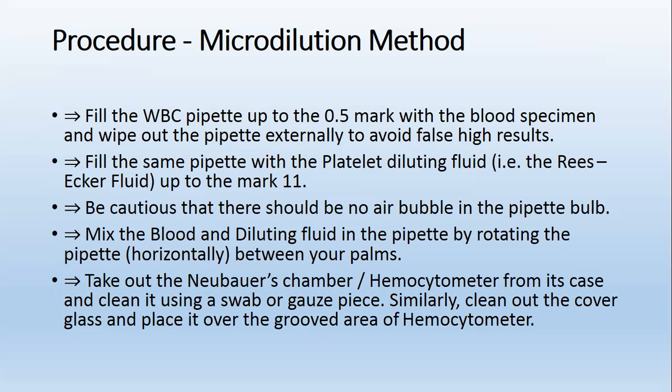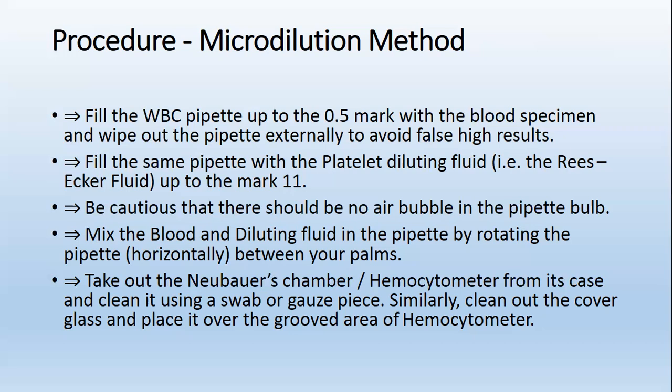Be cautious that there should be no air bubble in the pipette bulb. Mix the blood and diluting fluid in the pipette by rotating the pipette horizontally between your palms.